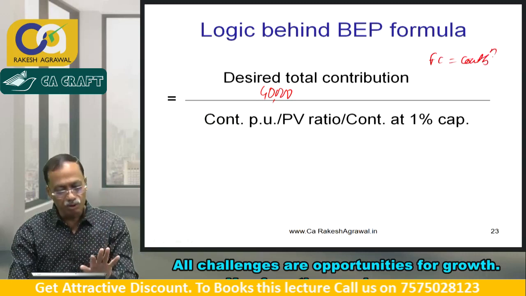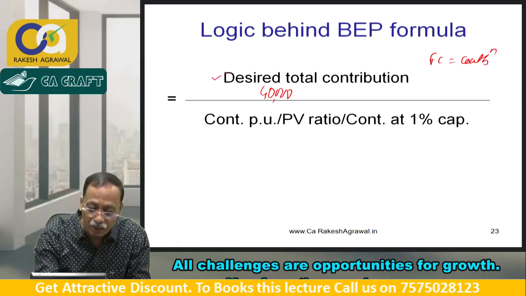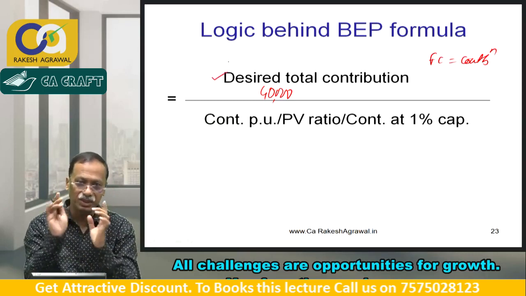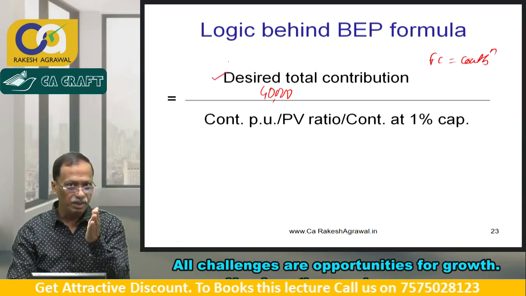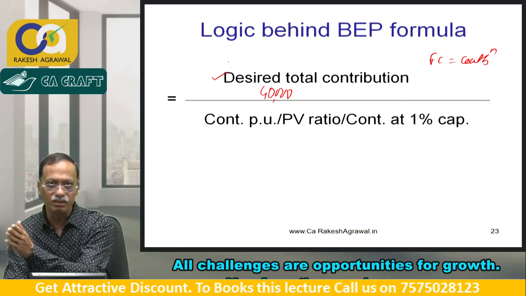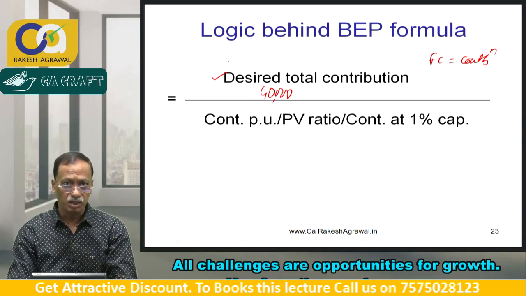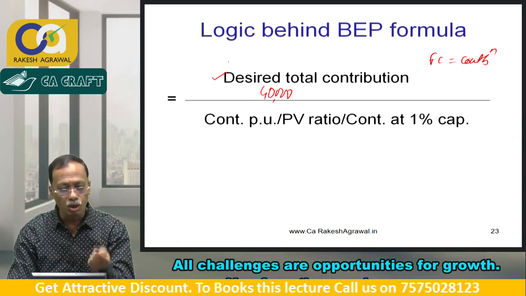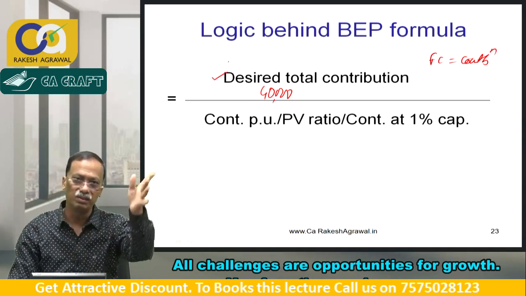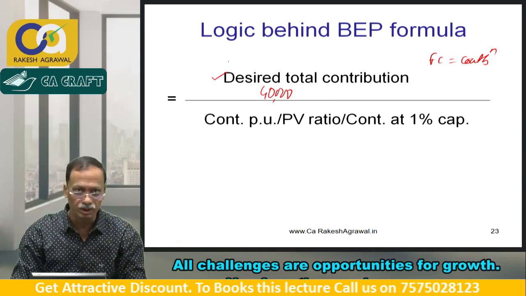So the same fixed cost 40,000, I am now calling desired contribution to recover the fixed cost. Because at BEP we should earn just sufficient contribution to exactly recover our fixed cost. So if your fixed cost is 40,000, I desire to earn a contribution of 40,000 to recover the fixed cost and achieve break-even point. So I've just changed the name, not the logic.